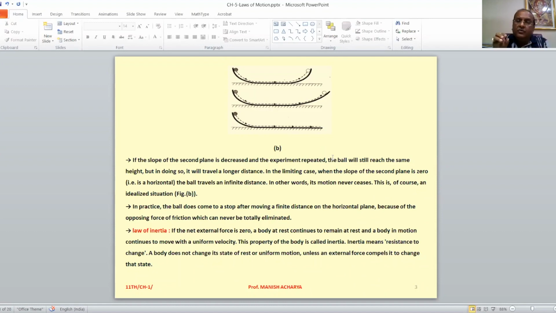And if you exert some external force to change the state, then it will be opposed by the body. This is called inertia after all. Clear? So if the body is under the effect of some external force, then and only then will the state of motion be changed. Otherwise, not. So this is the law of inertia. Clear to all of you?